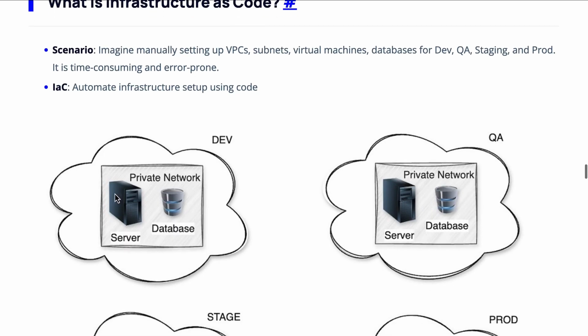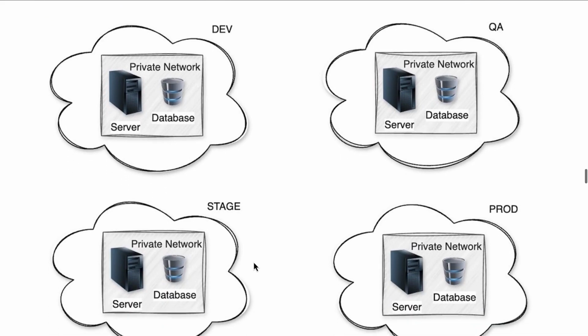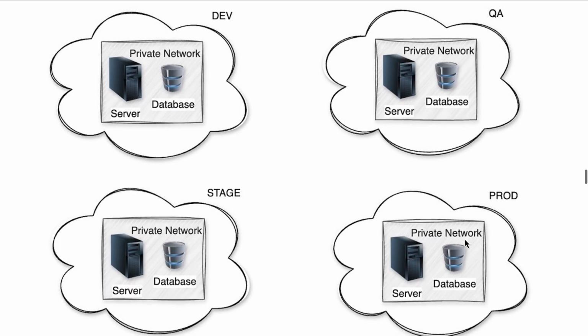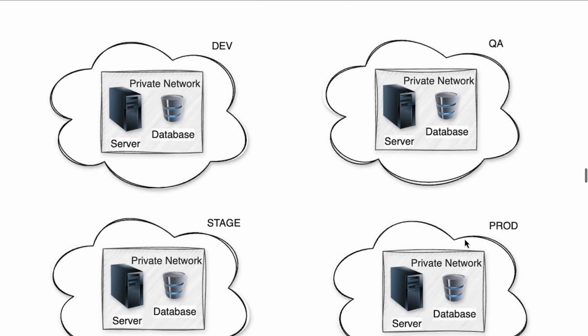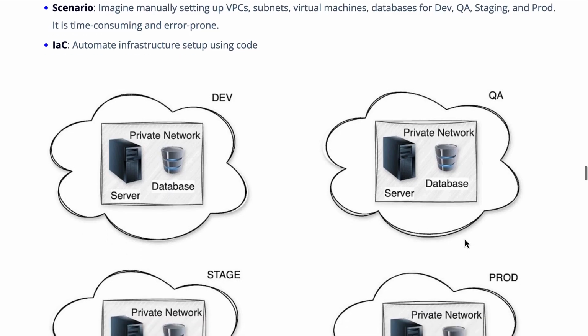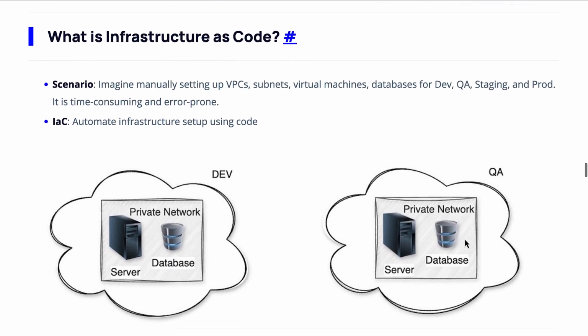Now, imagine setting up an environment like this. Manually, if it's a simple environment like this, you can do that. But now you would need to actually repeat it multiple times. I would want to create a dev environment, a QA environment, a stage environment, and a production environment. So there are 4 environments to create. And there might be hundreds of instances in each environment.